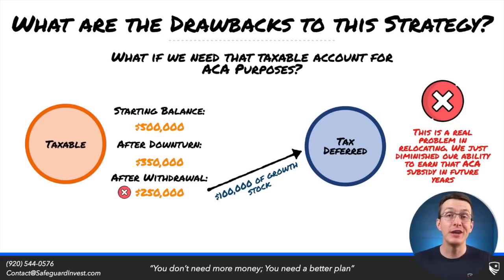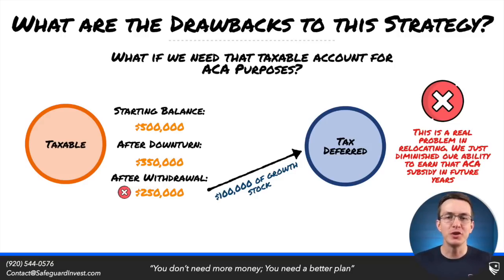And so with the situation I just described, we took a $500,000 taxable account down to $250,000 in just 1 year. We probably just torpedoed our subsidy for at least 2 of the remaining 4 years that we need to earn that subsidy, thus probably costing us tens of thousands in healthcare savings.